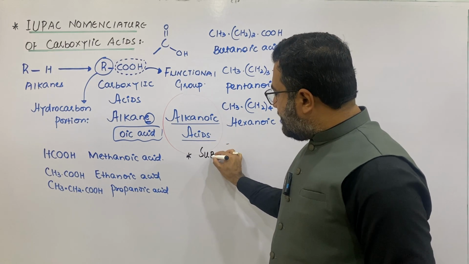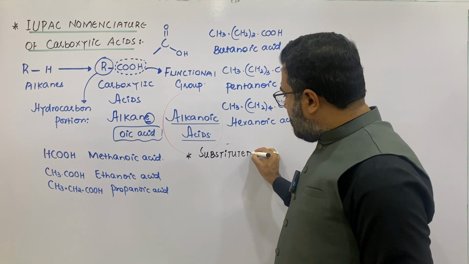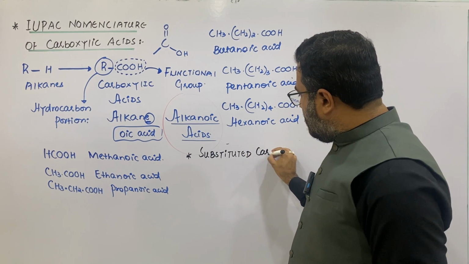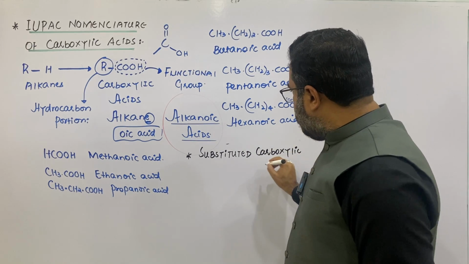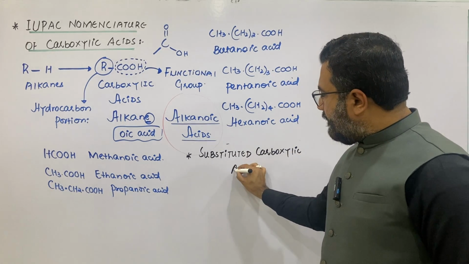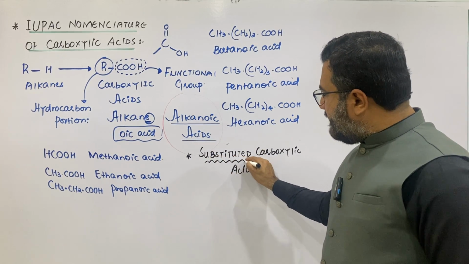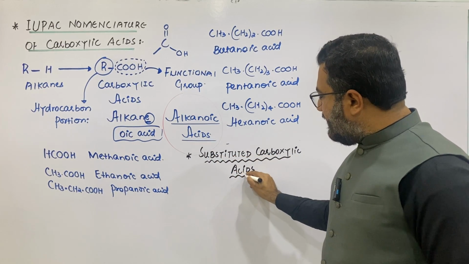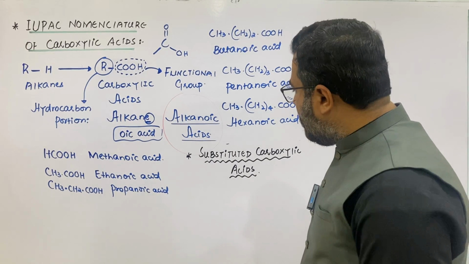Now, let us discuss substituted carboxylic acids. My dear students, in the case of substituted carboxylic acids, the rules are the same as we generally apply to all organic compounds.